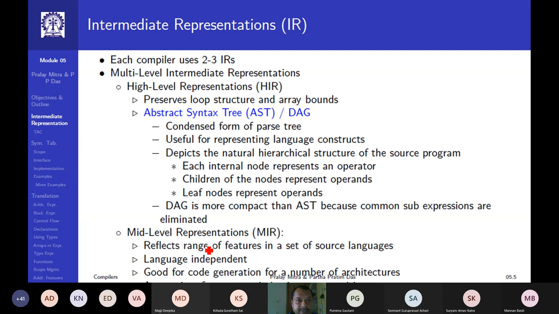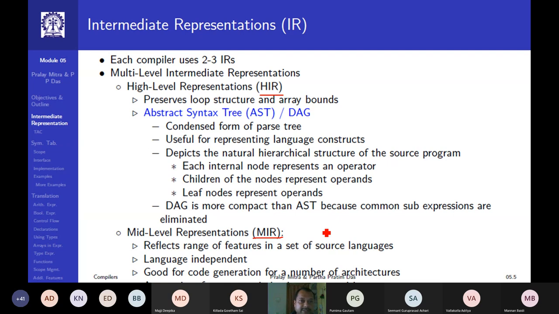In intermediate representation, each compiler uses 2-3 different intermediate representations. There are different levels: high level, sometimes called HIR, or mid level, MIR.